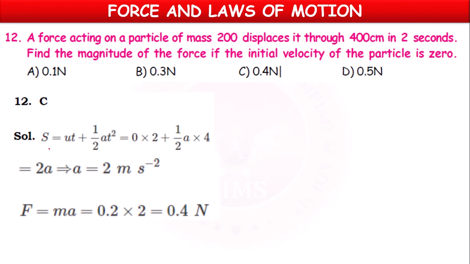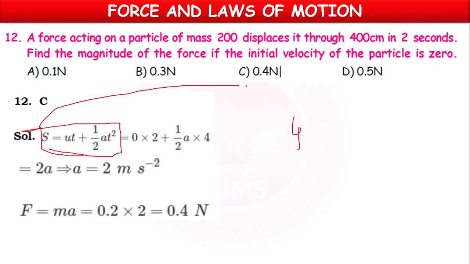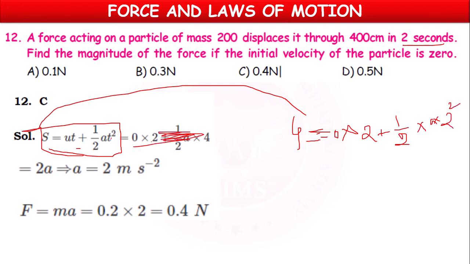So here, in this equation, in the place of S, we can take 4 meter equal to initial velocity 0 into time 2 seconds, 0 into 2 plus half into A value, which we don't know, into t square, 2 square. You can strike off this, children.